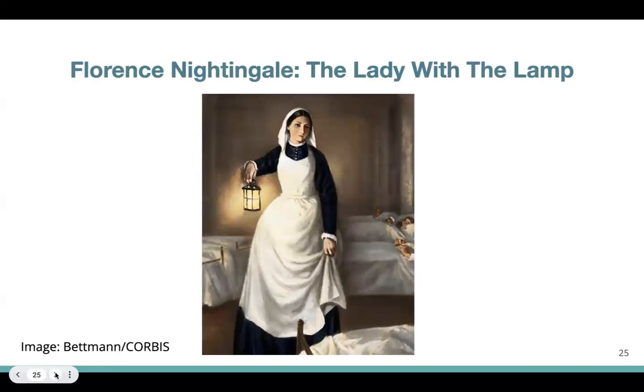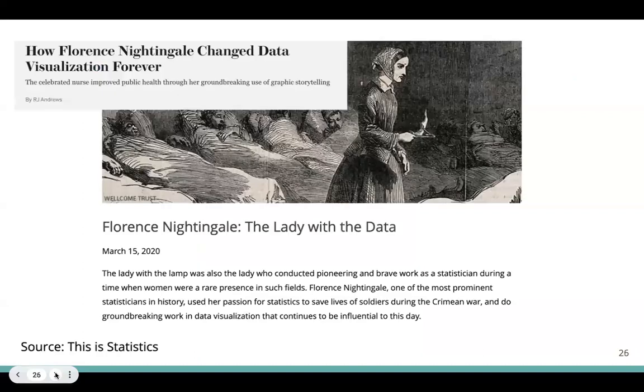We'll give the example of someone in the spotlight, pun not intended: Florence Nightingale, the lady with the lamp. She's popularly known in history as a British nurse, a healthcare worker who worked in the Crimean War in Ukraine in the late 19th century.